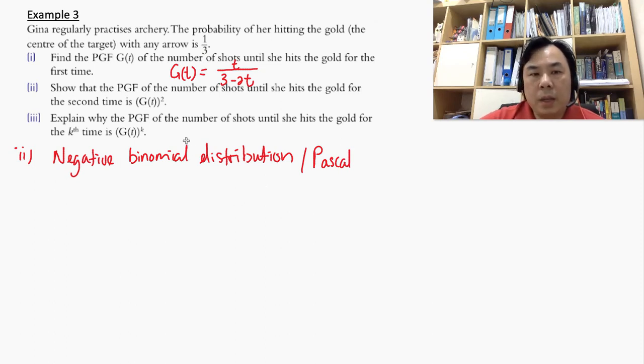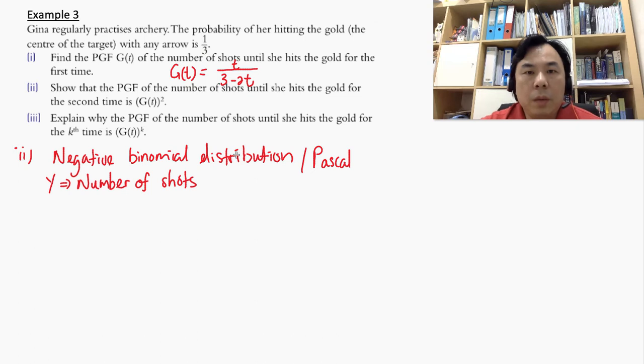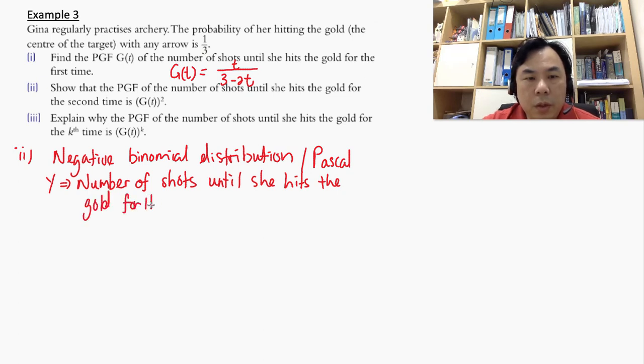And then we are going to label the discrete random variable. So Y represents the number of shots until she hits the goal for the second time.